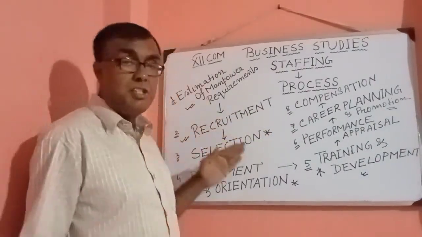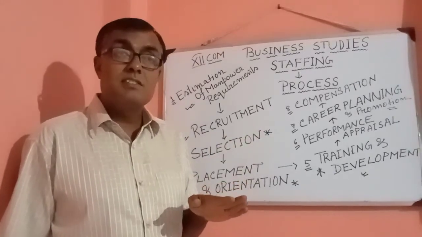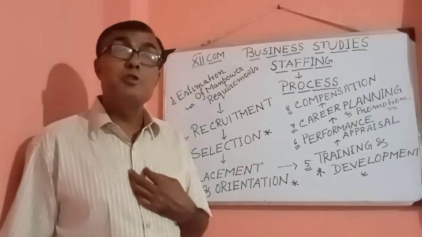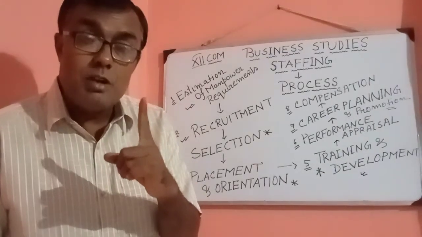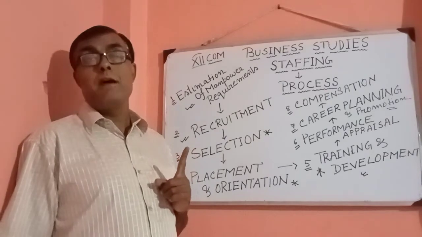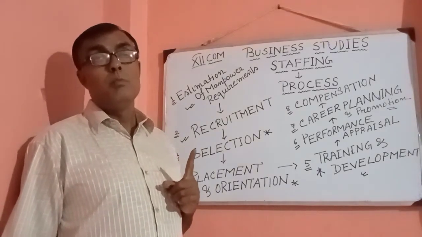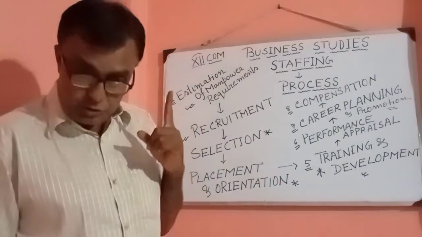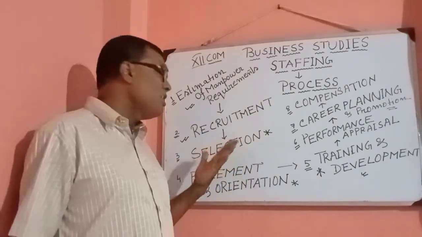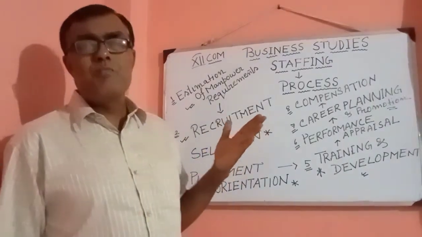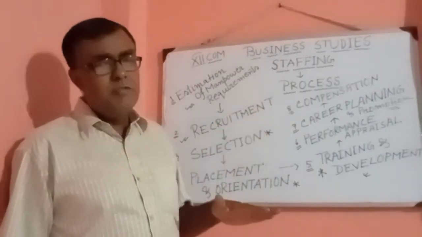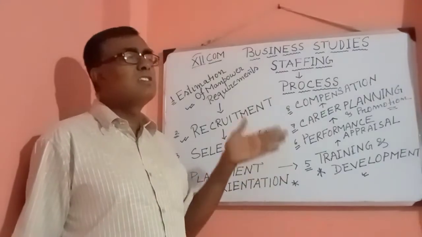After searching, there is the stage of selection. As a human resource manager, you will have to choose the most eligible, most suitable employees for your organization. There are different selection tests, maybe written test, interviews, medical test.